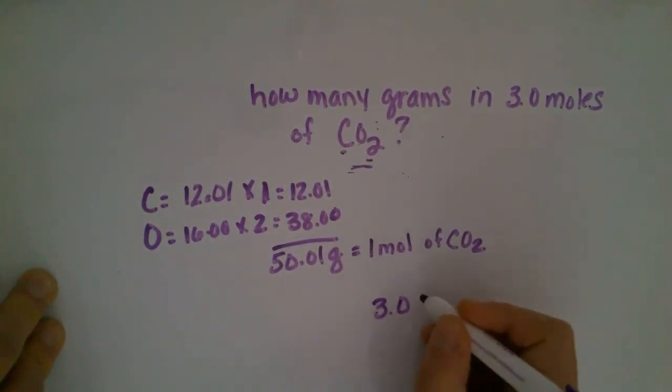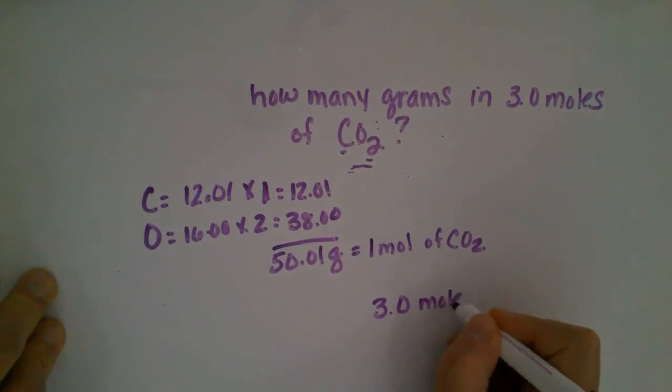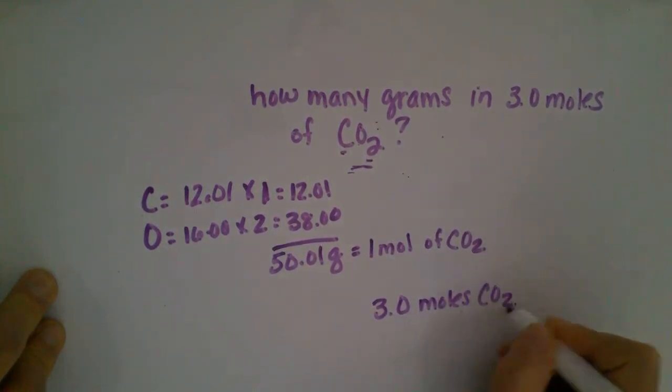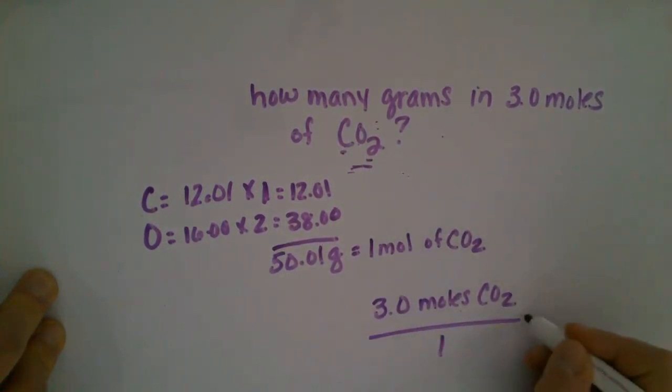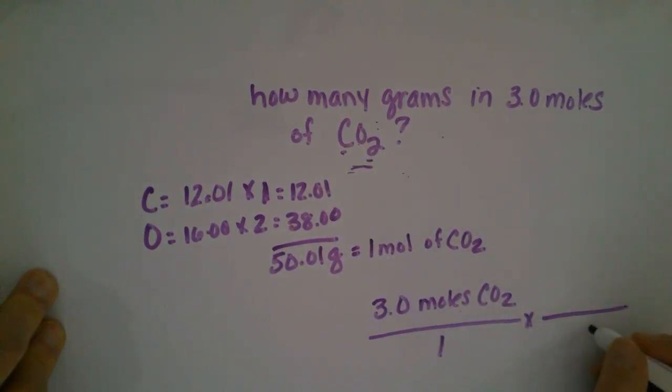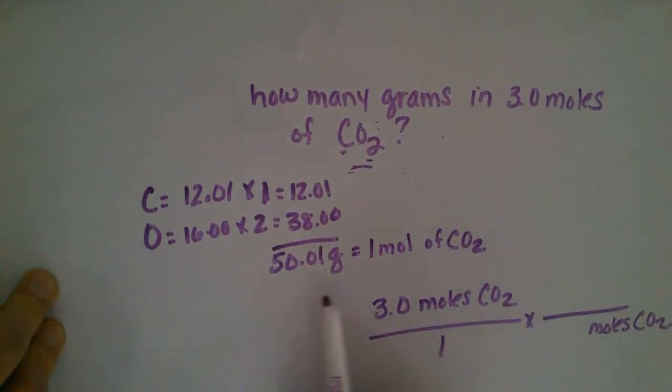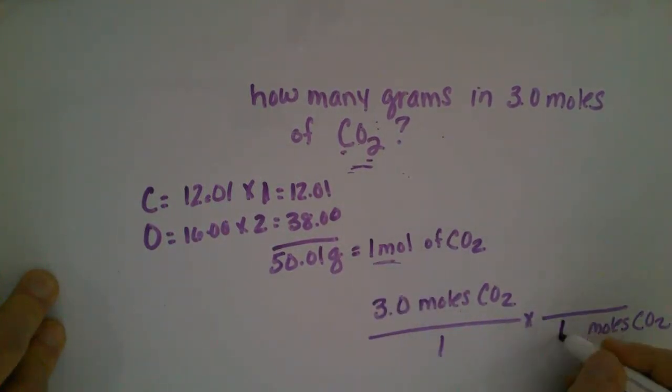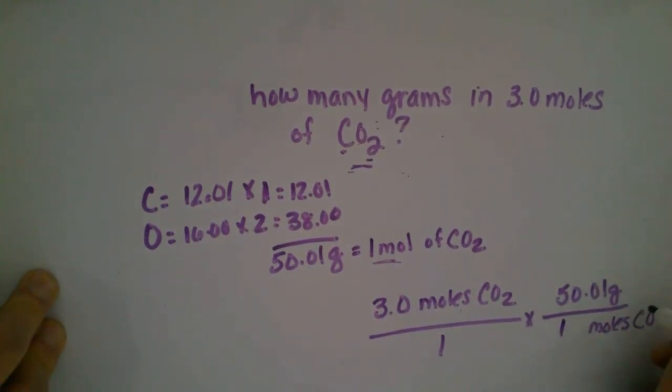We started with 3.0 moles of carbon dioxide, okay? We know that moles of carbon dioxide has to be down below in order to cancel, and we know that 1 mole of carbon dioxide equals 44.01 grams.